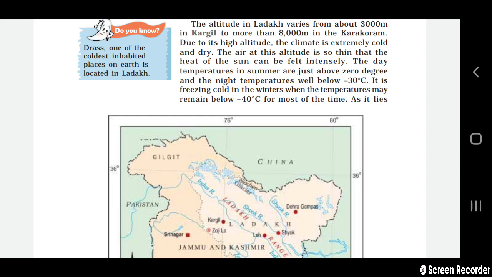Due to its high altitude, the climate is extremely cold and dry. The air at this altitude is so thin that the heat of the sun can be felt intensely at a height of 3000 to 8000 meters.